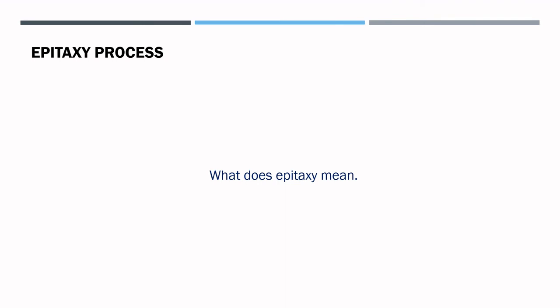Epitaxy is a combination of two Greek words: epi means upon and taxis means ordered. It is a term applied to processes used to grow a thin crystalline layer on a crystalline substrate. In the epitaxial process, the substrate wafer acts as a seed crystal.